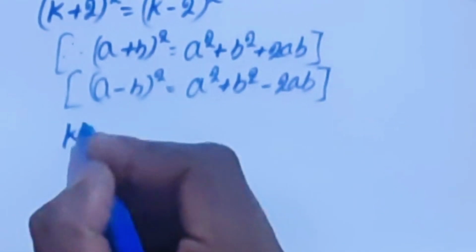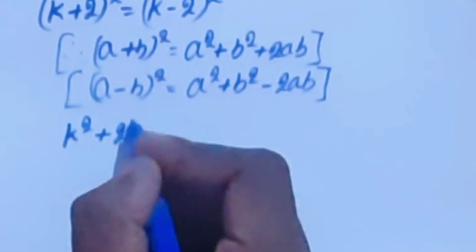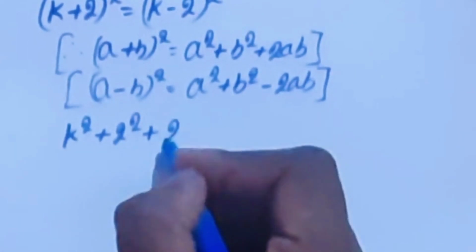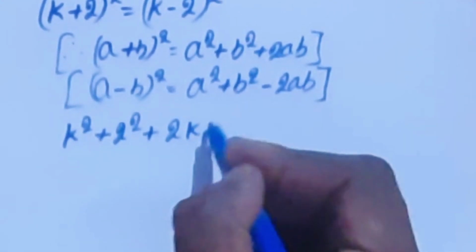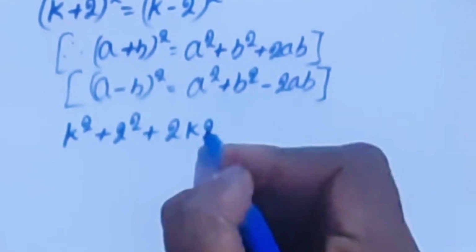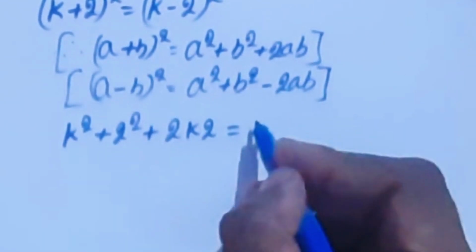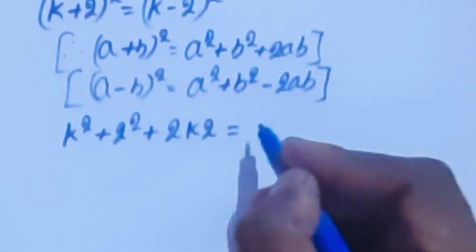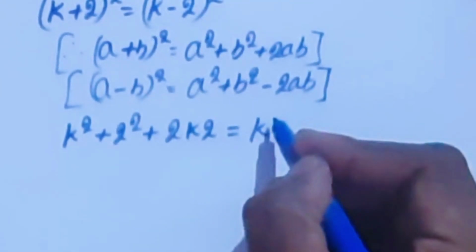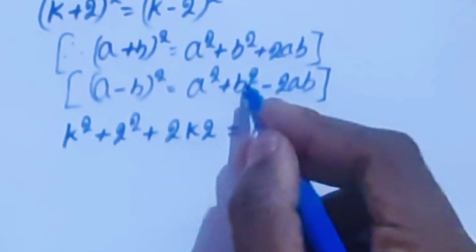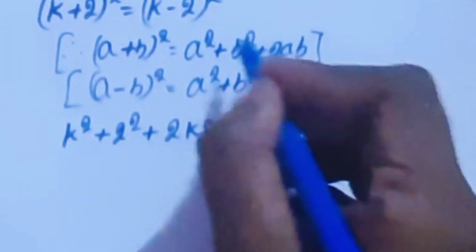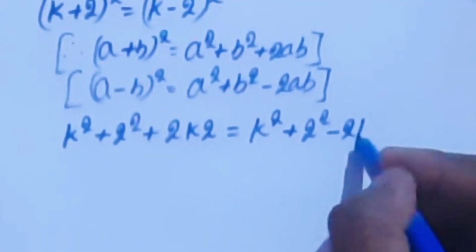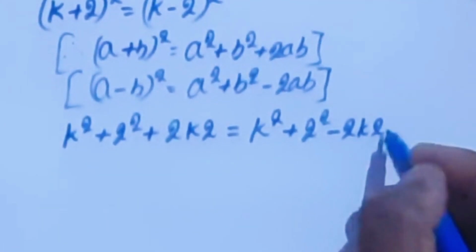So we'll get here k square plus 2 square plus 2 times k, where k is a and b is 2, equal to the right hand side using this formula: k square plus 2 square minus 2 times k times 2.